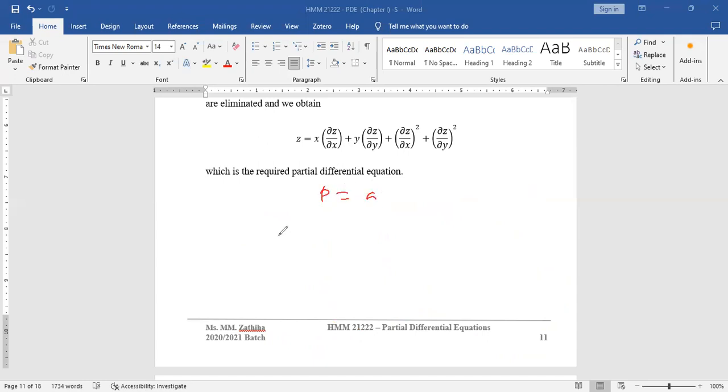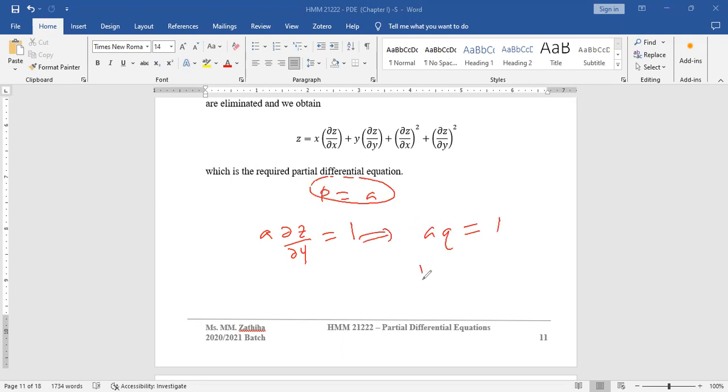Then if you differentiate with respect to y, you get a ∂z/∂y plus b, where b is equal to 0. A is okay. Only y is there, so 1. So I have for the a, I have p. This is like a q is equal to 1. So a is equal to p.